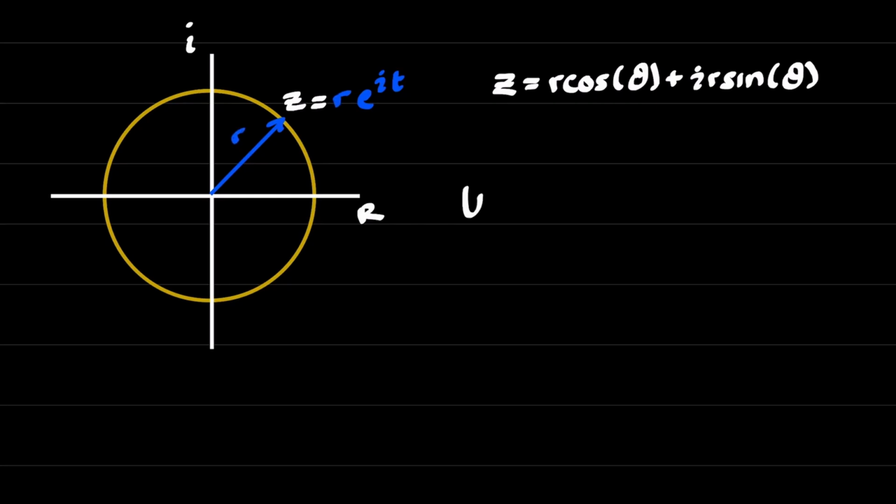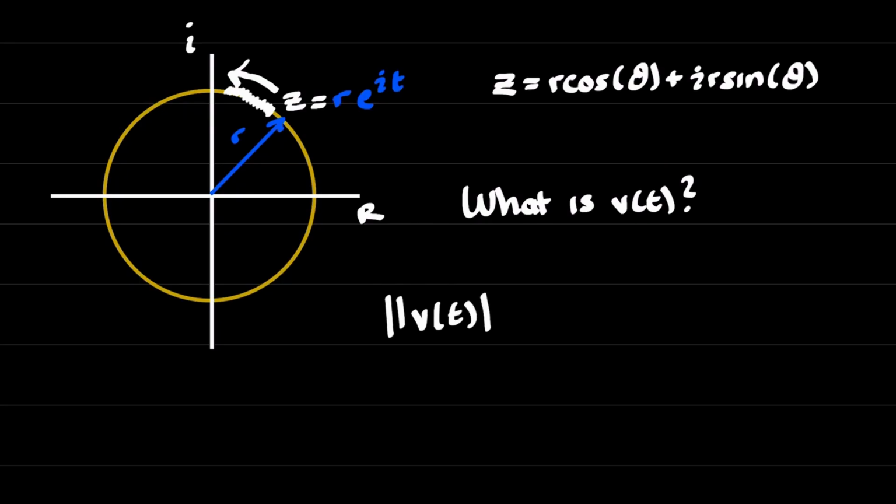To do so, we need to ask what our velocity function, v of t, actually represents. If we let some time t pass, our position function will sweep an arc on the circle, tracing some arc length s. The velocity function tells us how fast we sweep that arc. In other words, the size of our velocity tells us how much arc length we trace per unit time.